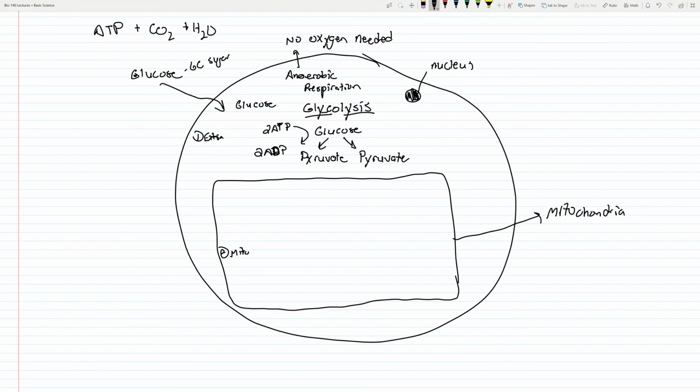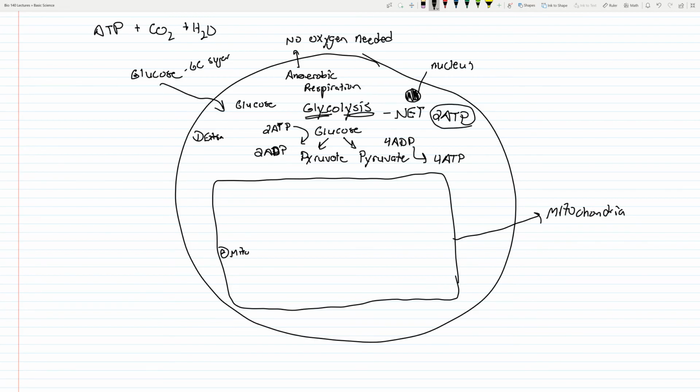And before we make the pyruvate itself, we're going to take 4 ADP and generate 4 ATP. So in glycolysis, you get a net 2 ATP.